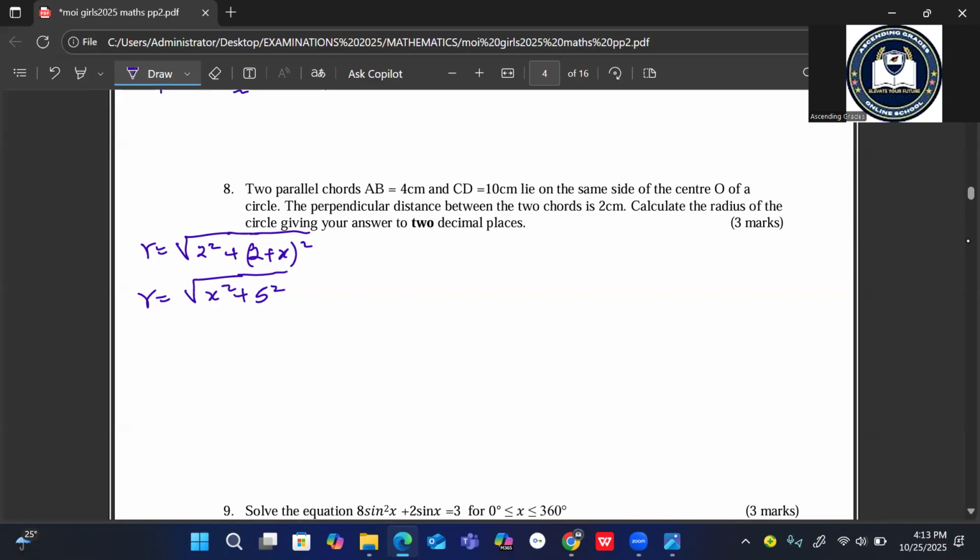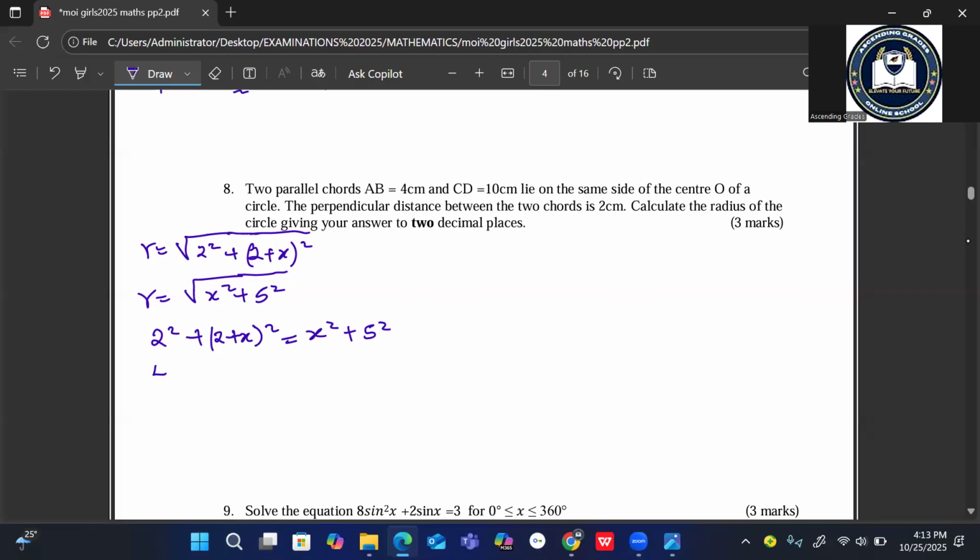Now that they are all equal to R, we can drop the square root sign, so that we find the value of x. 2 squared plus (2 plus x) squared is equal to x squared plus 5 squared.